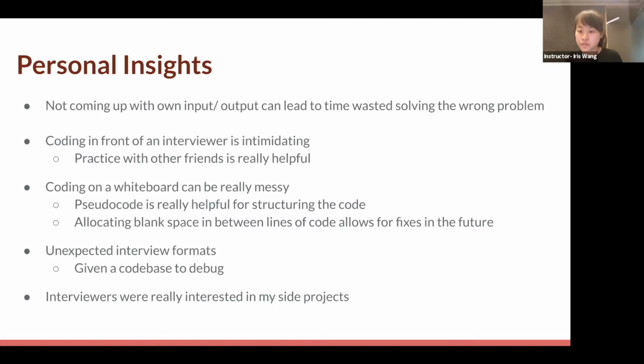Oh, in terms of side projects, later in my junior year I did a lot more hackathons, so a lot of the projects I put on my resume were ones I worked on in hackathons. They were pretty random.